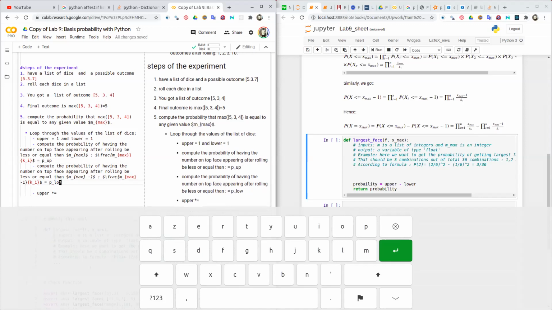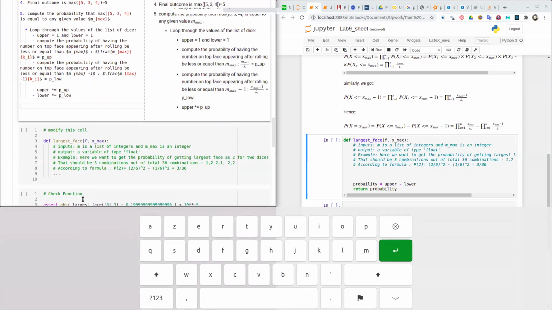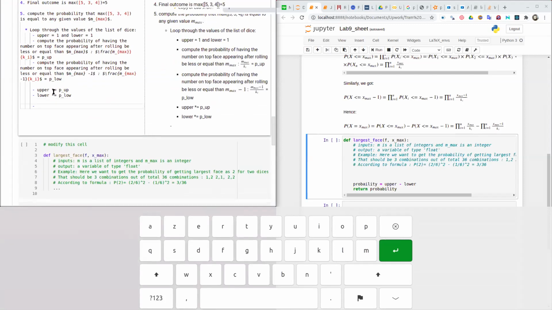So we multiply upper by P up and lower by P log. Now you compute the final probability they ask you, which is the difference between upper and lower. Yeah, that is it. Oh, okay.